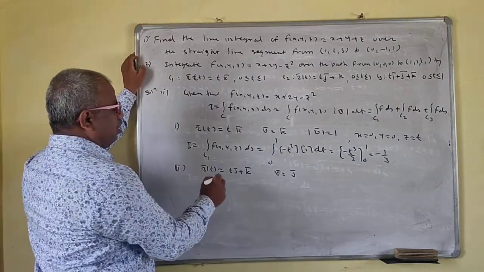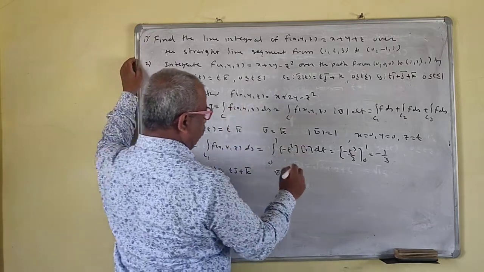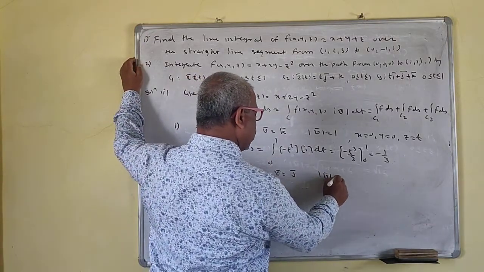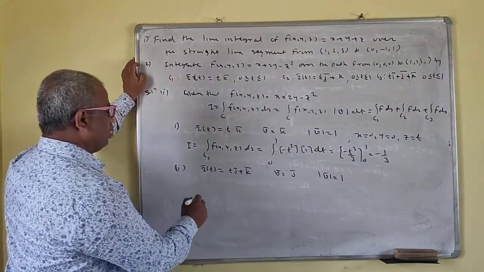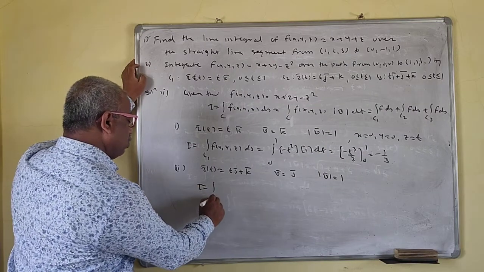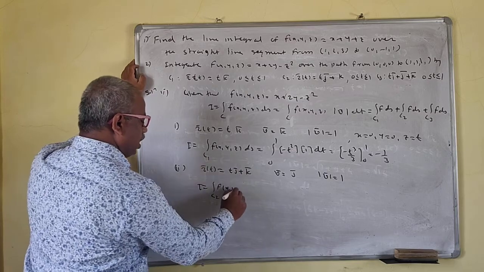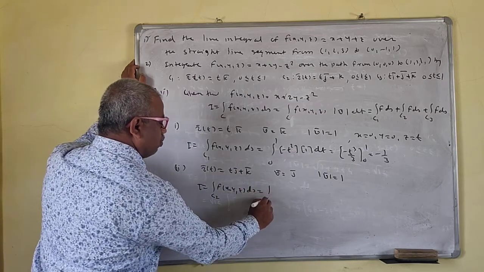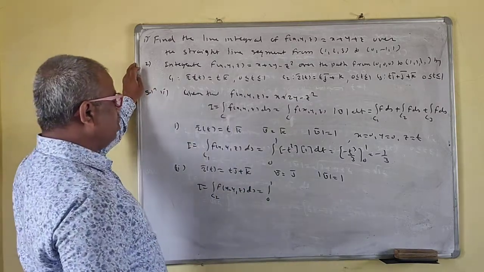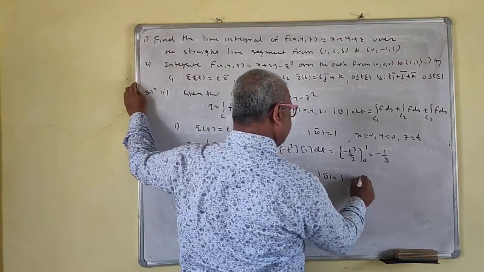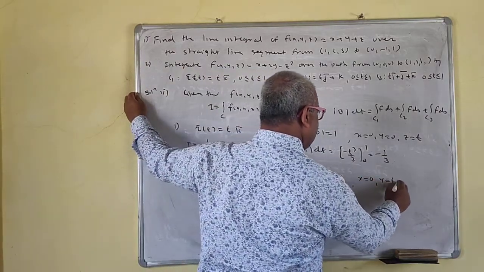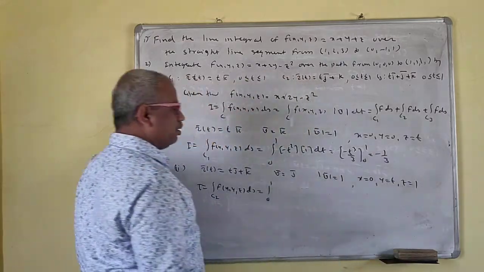R bar is given, no problem here. So mod of v bar is 1. So the integral over C2 of f(x, y, z) ds is from 0 to 1. Here your x is 0, y is t, and z is equal to 1.